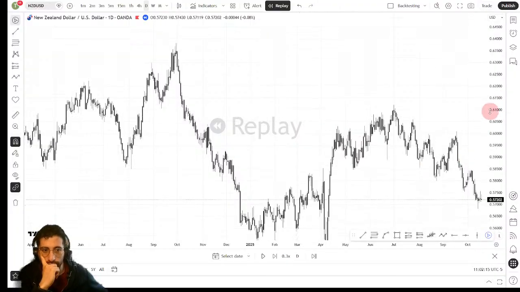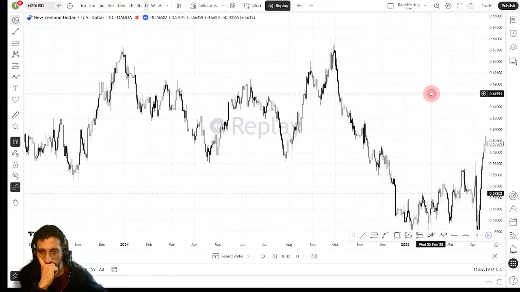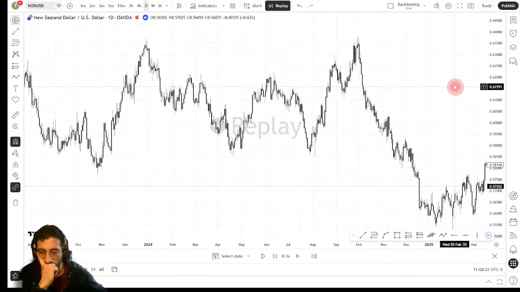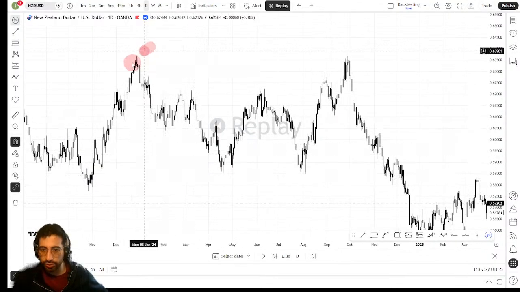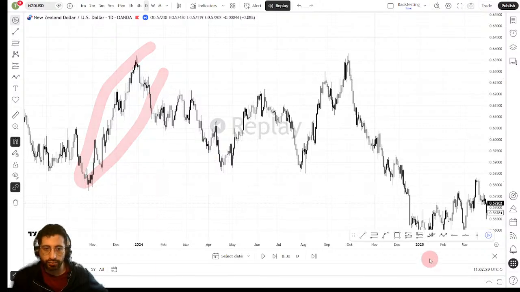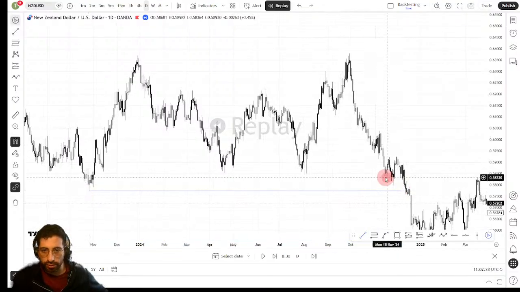So let's start with the most obvious thing, right? I gotta start really far back so you will be able to understand the price movement in action. So look, I want you to focus on this range, the one I'm marking here, because this is a really important thing.